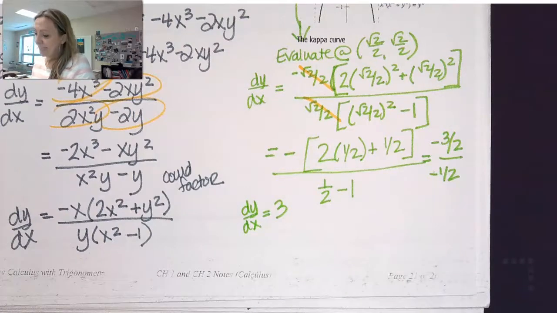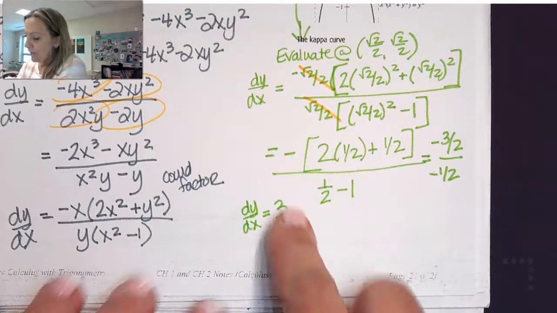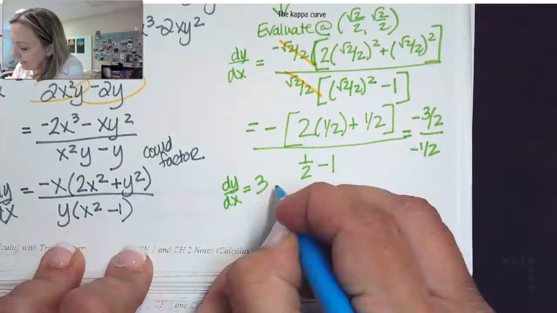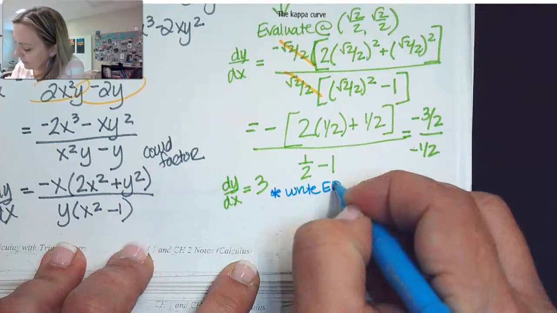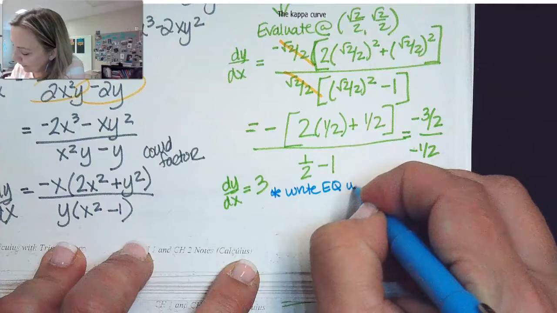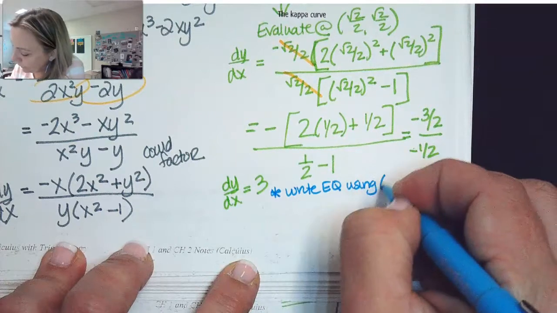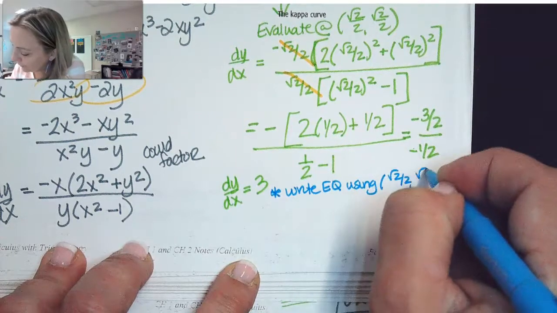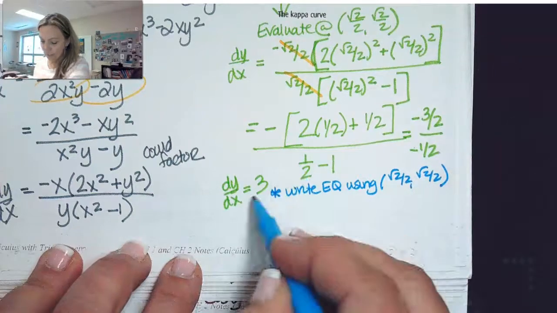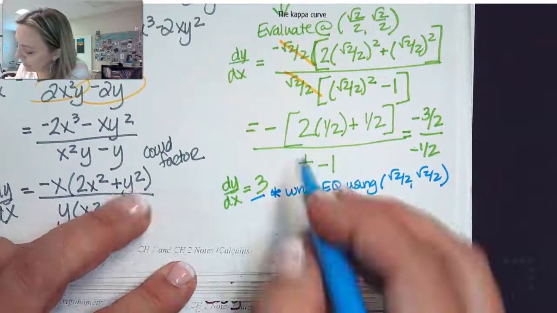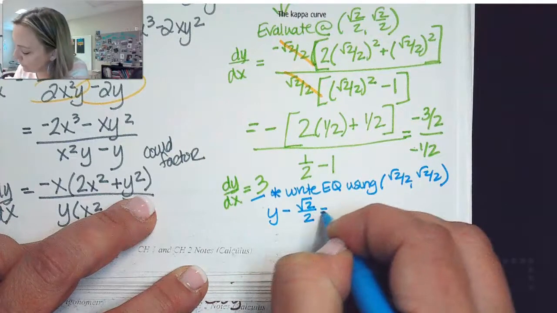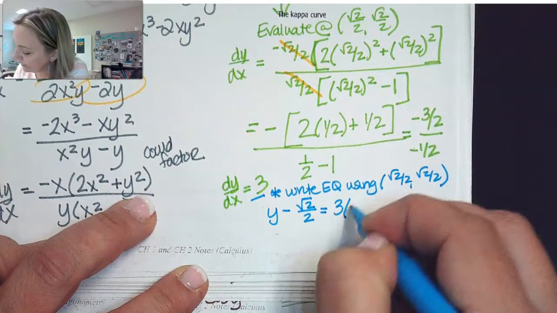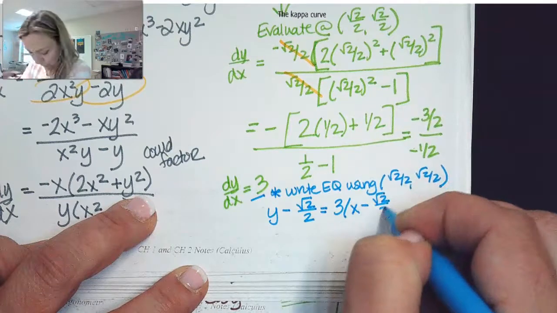And so that's if they wanted the slope. The last thing is we're going to write the equation using the point root 2 over 2, root 2 over 2, with that slope. I like to use point-slope form: y minus root 2 over 2 equals 3 times x minus root 2 over 2.